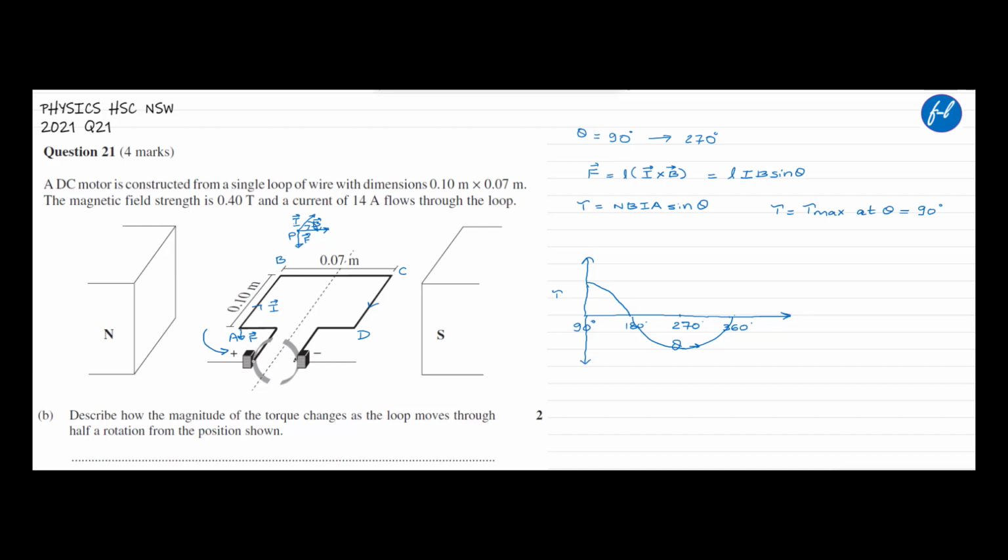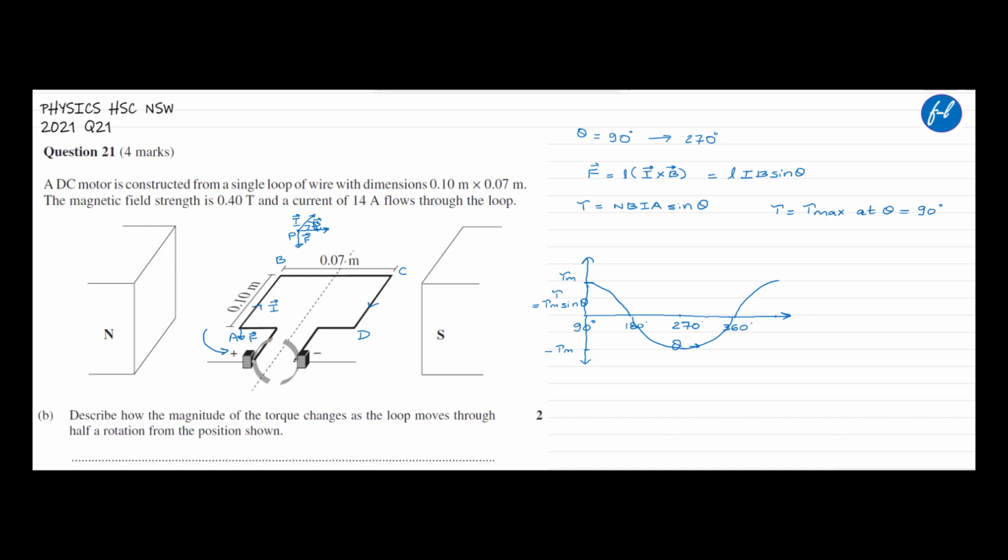And then we can extrapolate this further, 360 plus 90 will be 450. I don't have to draw this, but for the sake of completeness, let's do it like this. So this is the torque max, and this is minus torque max, and torque equals torque max into sine theta.